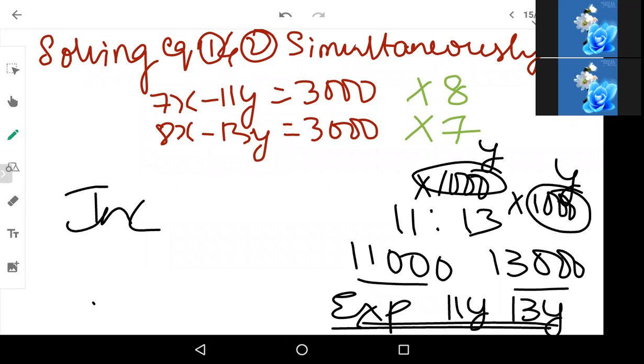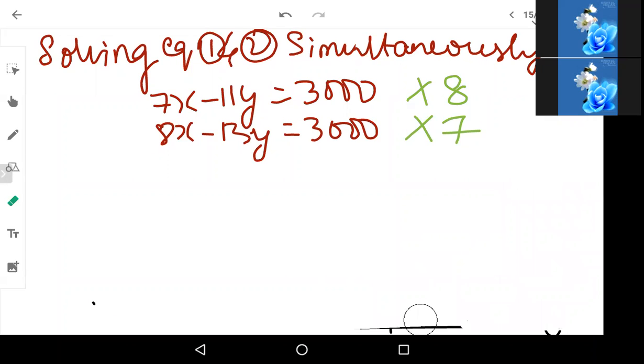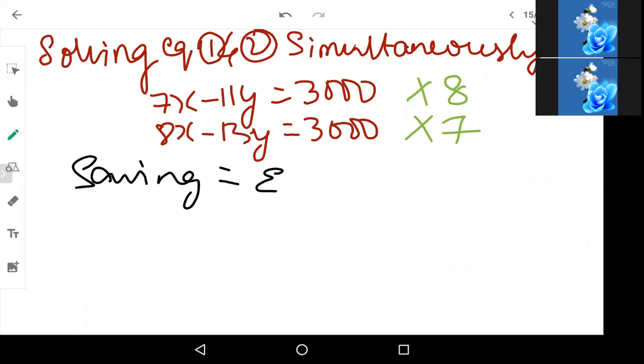Clear? Understood now? Now, how did I get the first equation and the second equation? There is this formula: savings is equal to income minus expenditure.